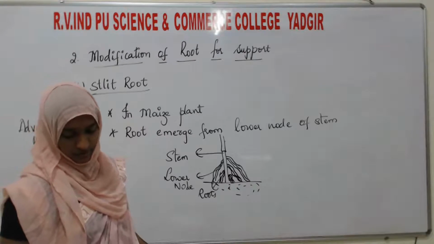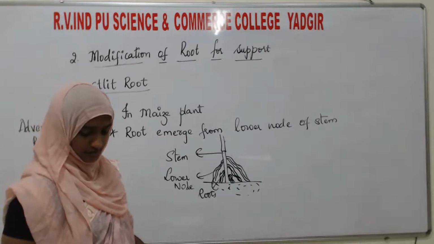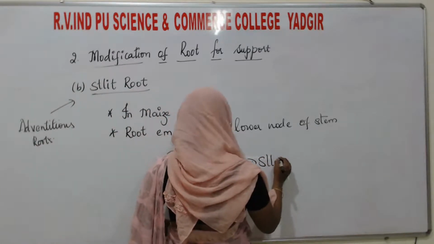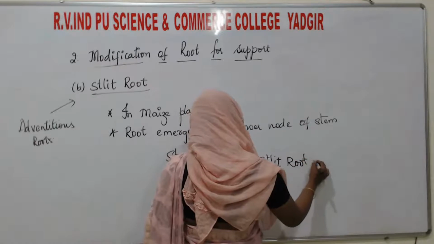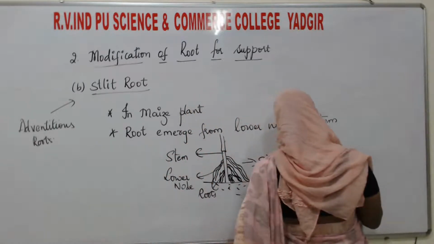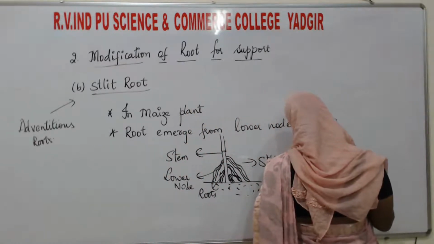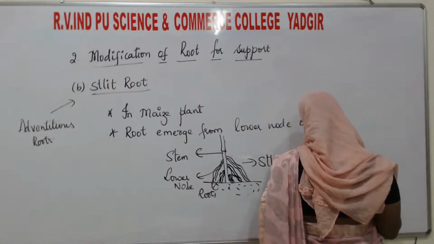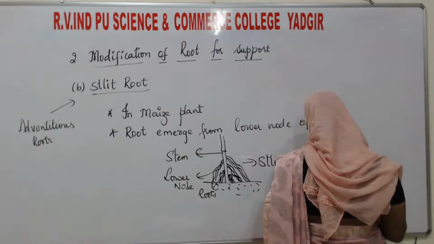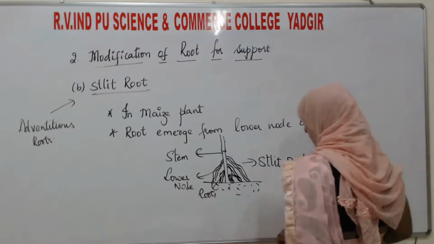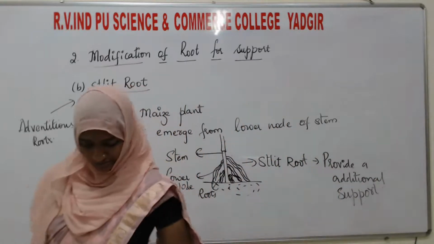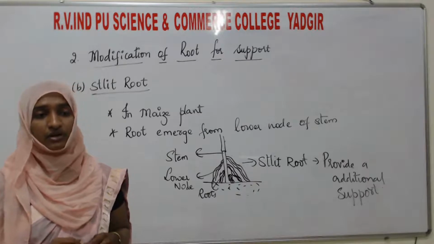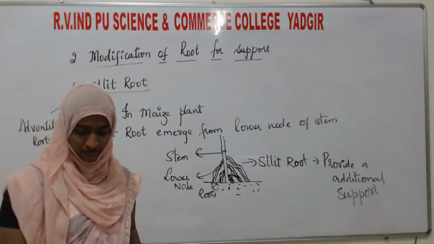Such roots are known as split roots, which provide additional support to the plant. So this is about split roots. Next, one more modification is there: modification for transpiration. We will see that one.